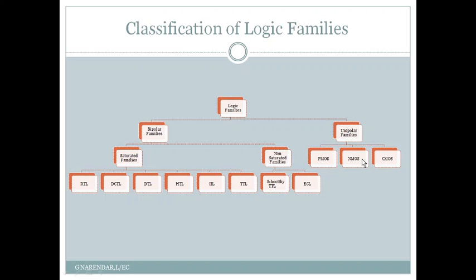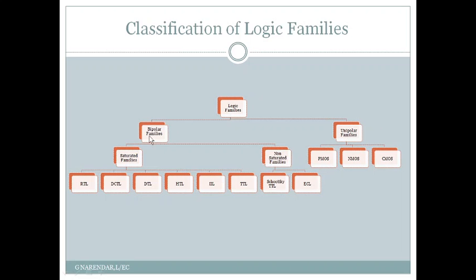When it uses N-channel MOSFET devices, it belongs to the NMOS family. And when it is built by using at least one PMOS FET and one N-channel MOSFET, it belongs to the CMOS family. So this is the unipolar family, which is further divided into PMOS, NMOS and CMOS families.